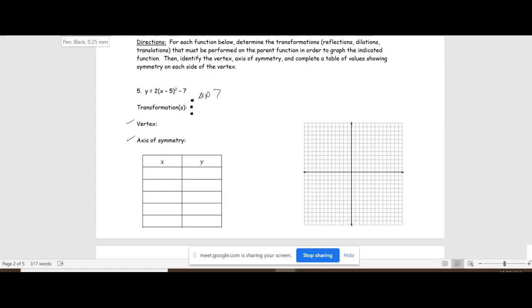Why do you think it's up 7? Because there's a -7 outside the. Okay, so outside of the parentheses, just go with what you would think that -7 means. It's exactly what we would normally think would happen. If I decrease by 7, that would cause me to drop 7. So that one is going to keep kind of what you think that sign would stand for. So we're going to go down 7.